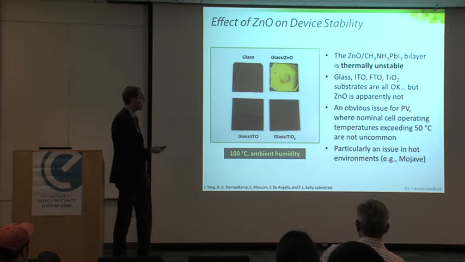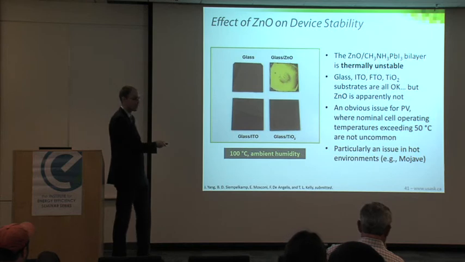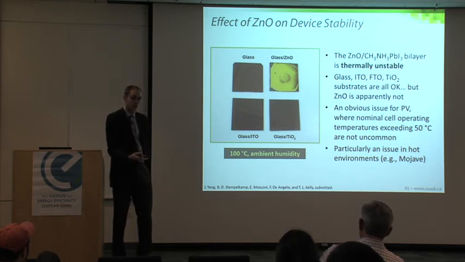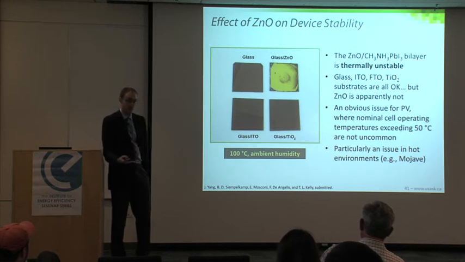And if you think about a module, your nominal cell operating temperature, depending on how much heat sinking you put into it, might be 50 degrees. And that's assuming an air temperature of 20 degrees, less than 1 sun insolation.